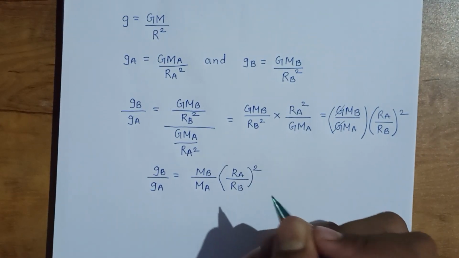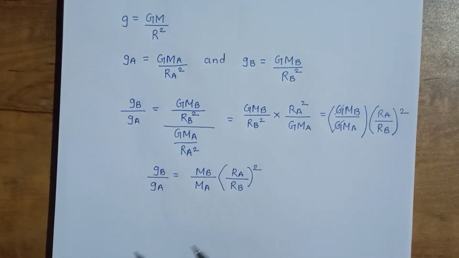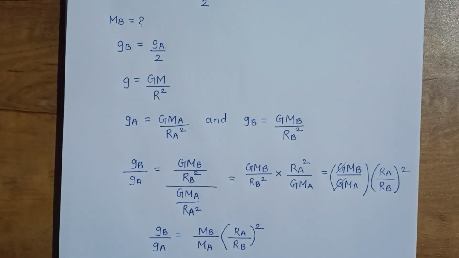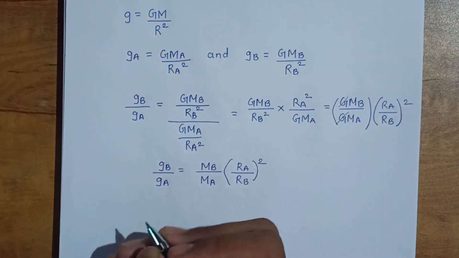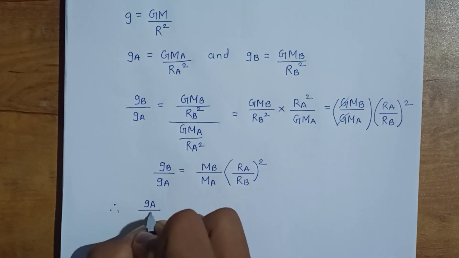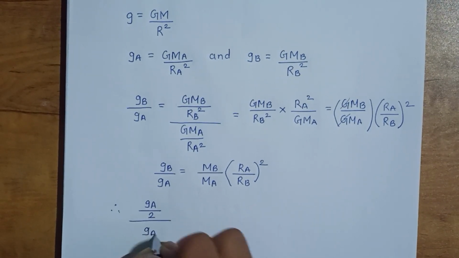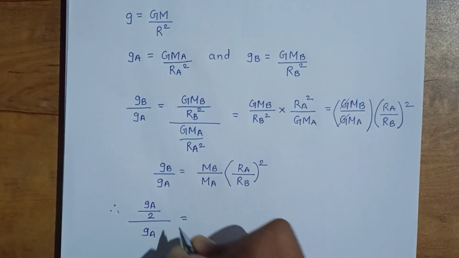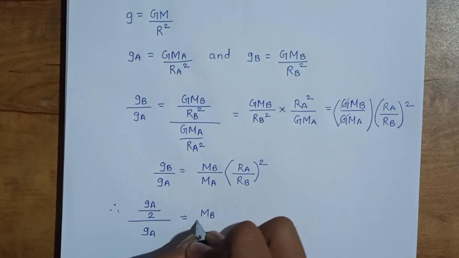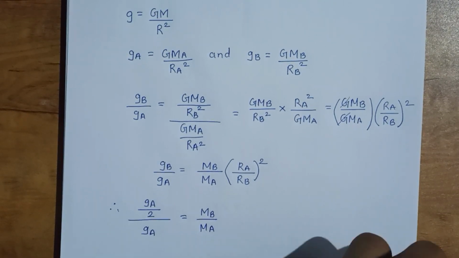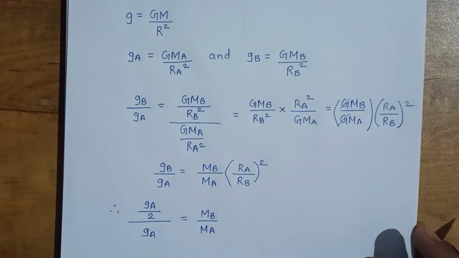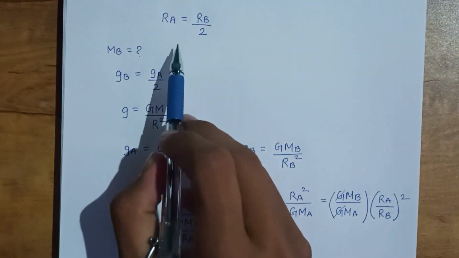Okay, so now what is GB? Here we have written GB is half of GA. Okay, so therefore we can write the value of GB, that is GA by 2 divided by GA, equals to MB divided by MA as it is, and similarly here we will do RA by RB, that is, here see, RA equals to RB by 2.